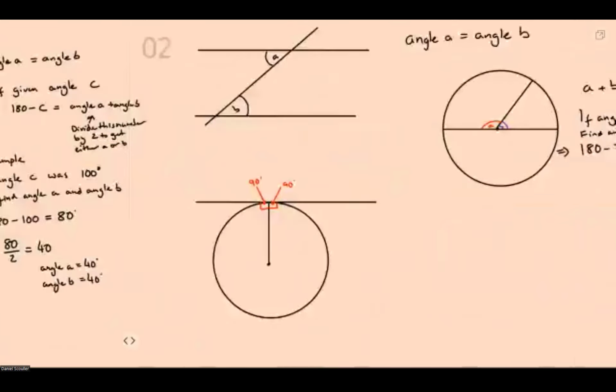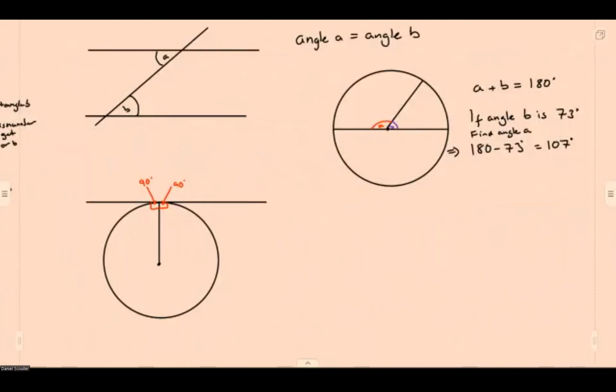What they often do is bring a line from the centre to where it touches a tangent, and that will give you 90 degrees. They might split a line like that, so knowing that a horizontal line will total 180, if they give you one of the angles, you just take that angle away from 180 to find the missing one.